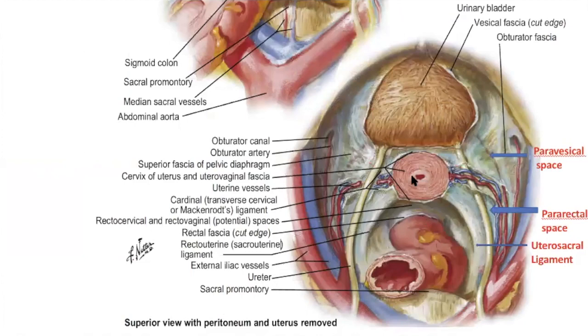One can clearly see the retroperitoneal structures such as the ureters, the infundibular pelvic ligaments, which consist of the ovarian veins, arteries, and lymphatics, the paravesical space, the pararectal space, the rectovaginal space, which is the space between the anterior rectum and the posterior vagina, the vesicovaginal space, which is the space between the bladder and the cervix and vagina, and the uterosacral ligaments.